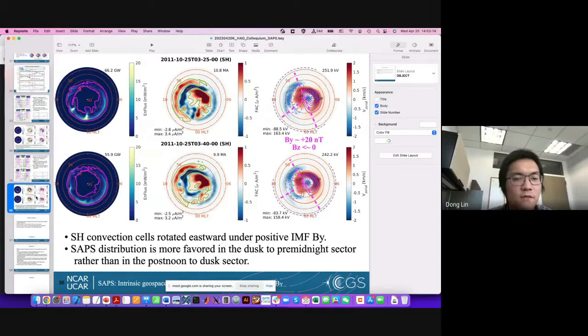Definitely, at least from statistical results, we should expect the rotation of the convection cells to differ on the same BY, but in the northern hemisphere and the southern hemisphere. But indeed, for SAPS, DMSP always has this orbit period issue.